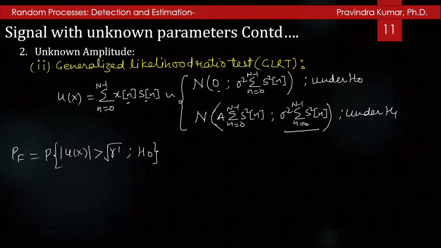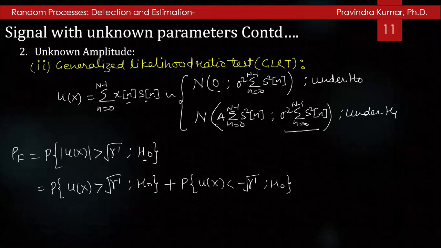And the probability of false alarm will be the probability of the mode of Ux greater than under root γ' when H0 is true. So I can write this as the probability of Ux greater than under root γ' under hypothesis H0 plus the probability of Ux less than minus under root γ', because there is a mode. So we have taken two values, under root γ' and minus under root γ', under hypothesis H0.